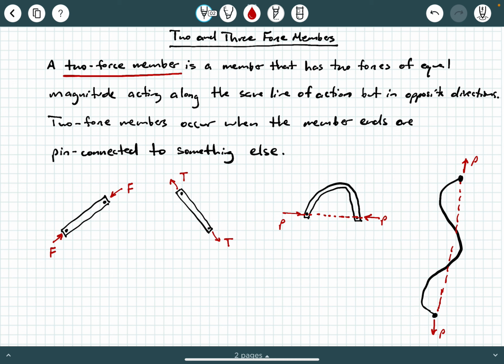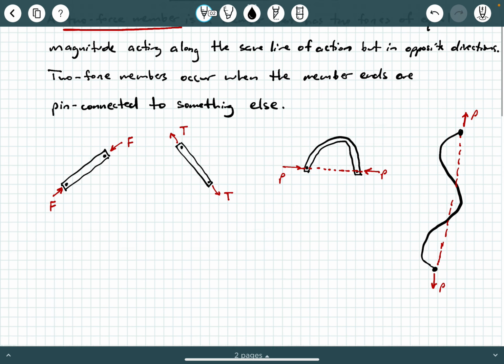Now, when do we see them in practice? Well, a common example that we've seen before is the beam that is supported by a weightless link.